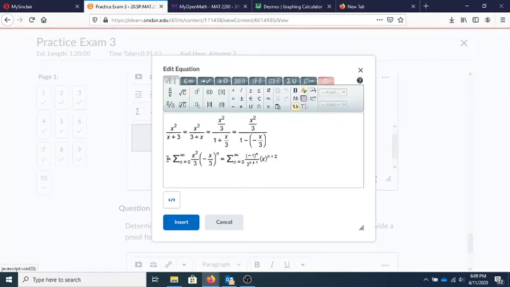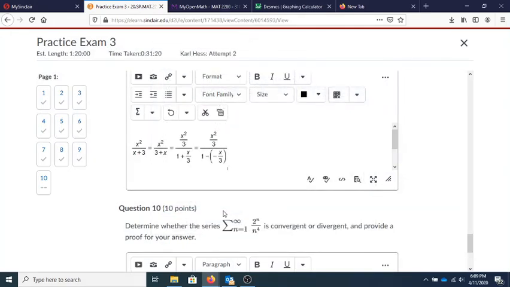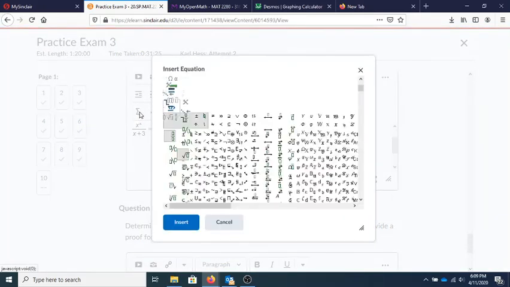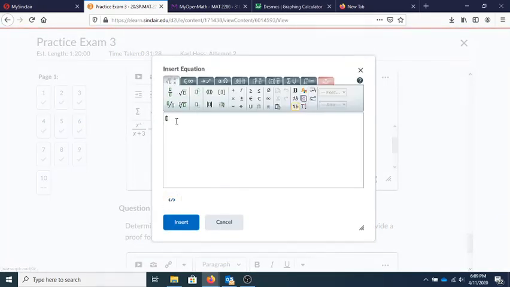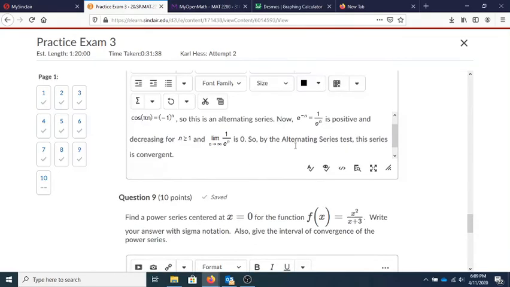That part that I moved to the next line, let's just leave that out entirely, but I copied it. Aha! Then I'll open an equation on the next line and paste in that stuff. There we go. Now it's all visible. Now I'm almost done.